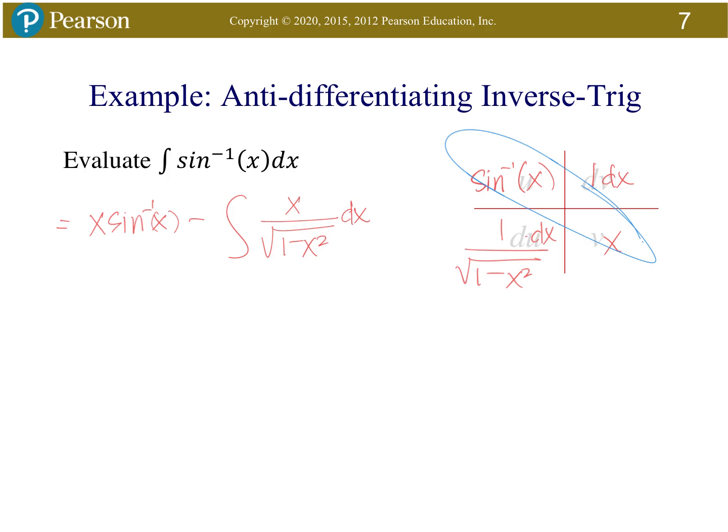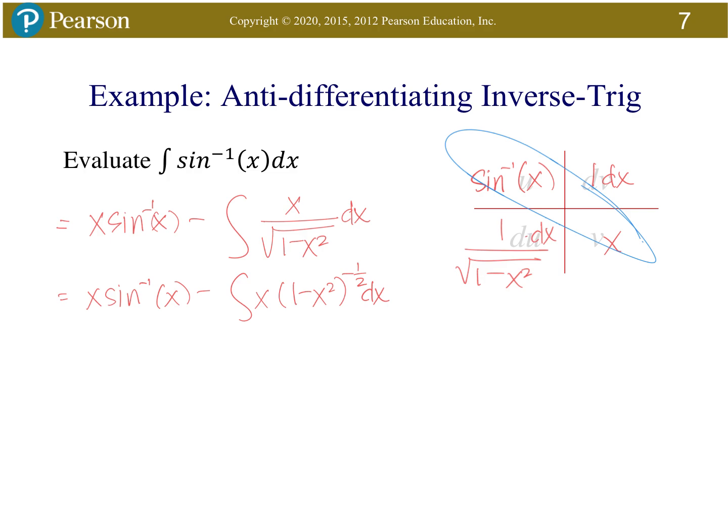So that integral doesn't have a slam dunk integral that we know, but I can apply a regular u substitution to that. If I reinterpret that integral as x times the quantity 1 minus x squared to the negative half dx, I can use a second substitution.